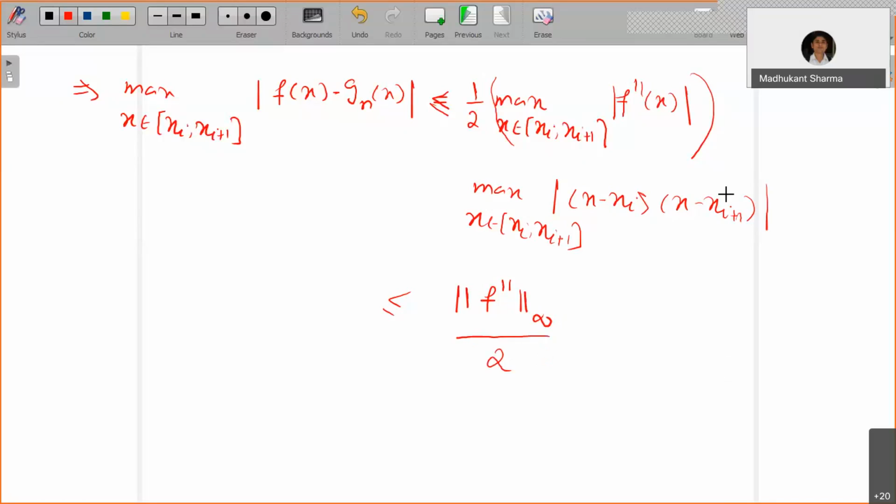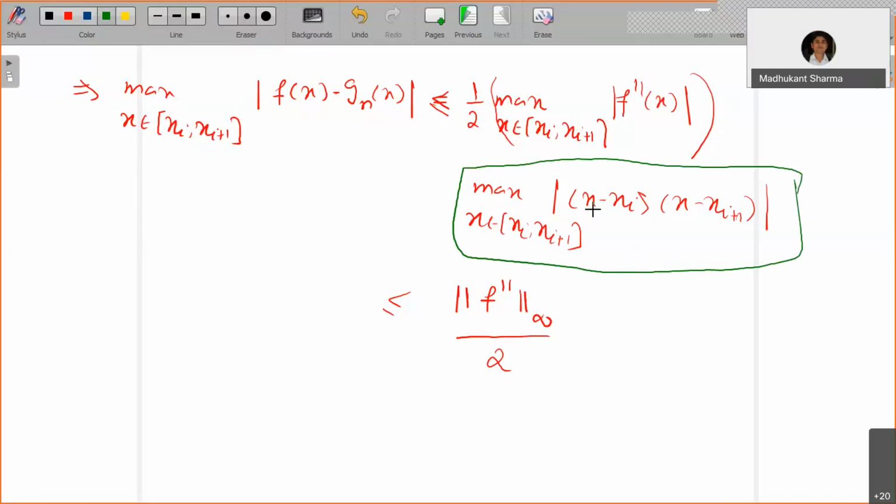Now what about this second quantity here? In the product term, we have already seen that this product will be maximum at the midpoint of the interval. We have already checked this.